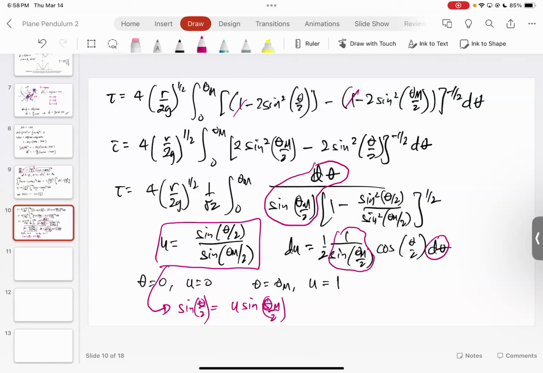Which means na ang cosine theta over 2 is square root ng 1 minus sine squared theta over 2. Di ba? So square root ito ng 1 minus u squared sine squared theta sub m over 2. So yan yung ipapalit ko dyan.